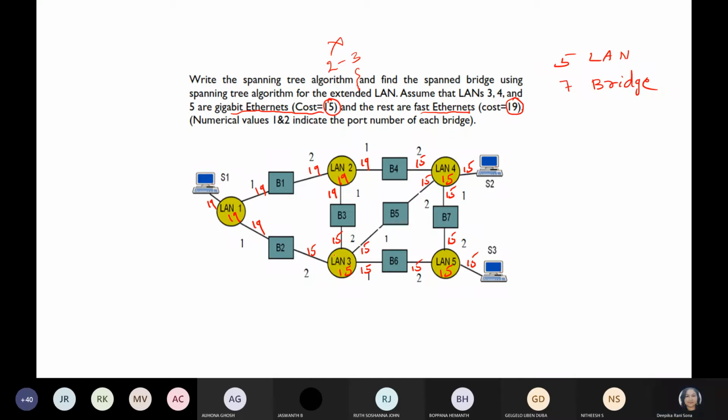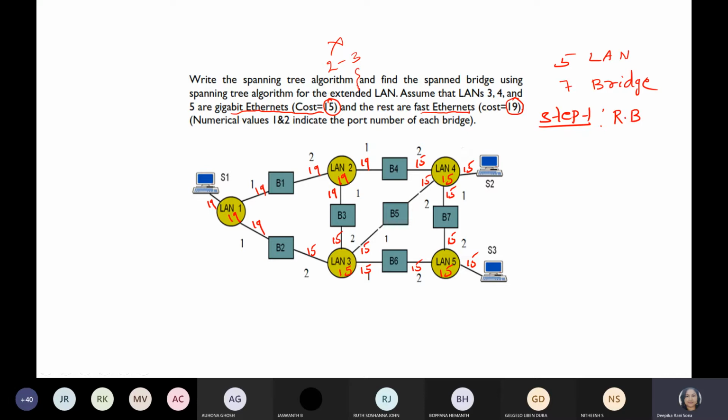Okay. Then what is step 1 for spanning tree algorithm? Step 1 is to find the root bridge. Yes or no? Yes, ma'am. Among these available bridges, these are the bridge IDs guys, B1, B2, B3, B4, B5, B6, B7.